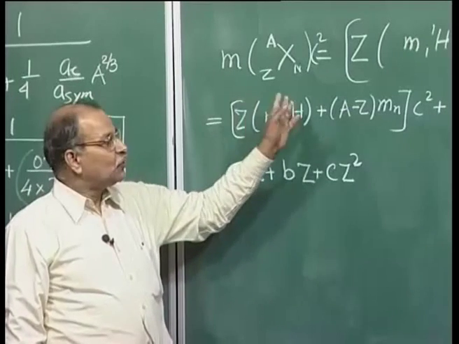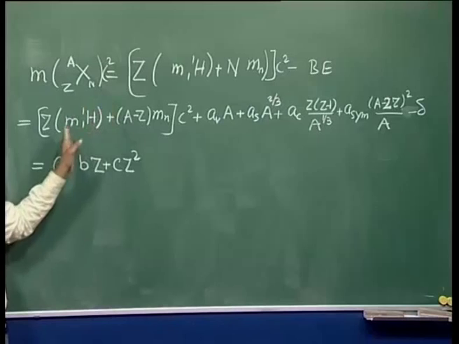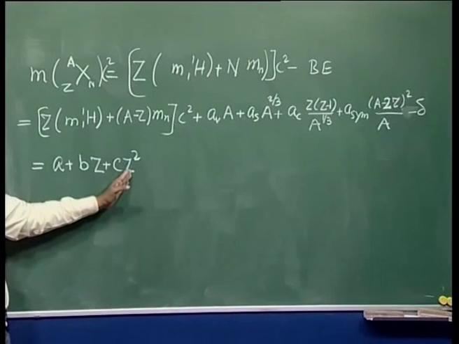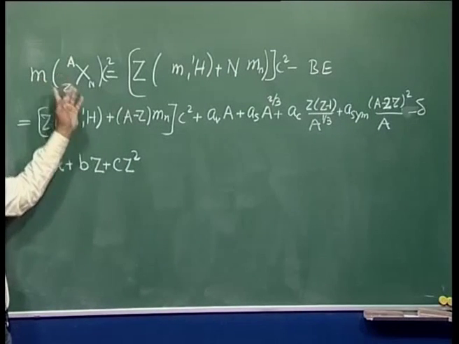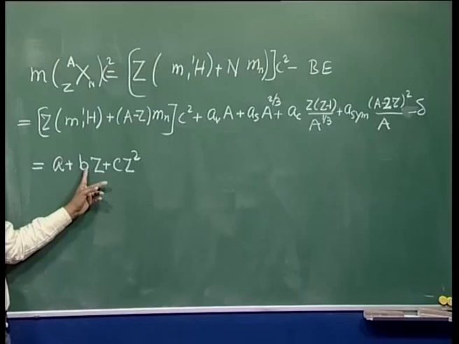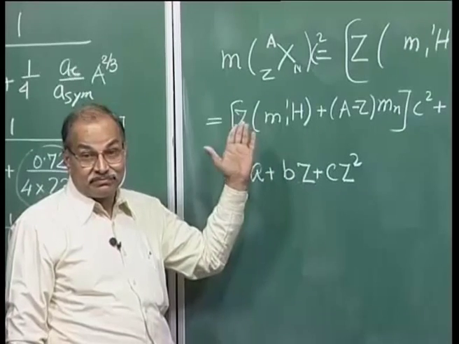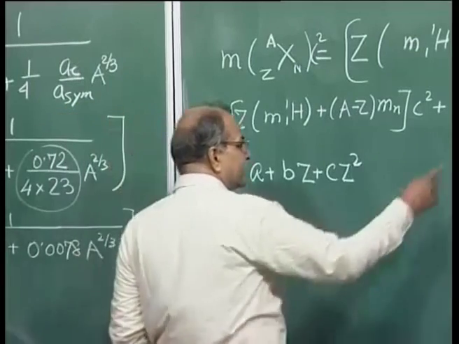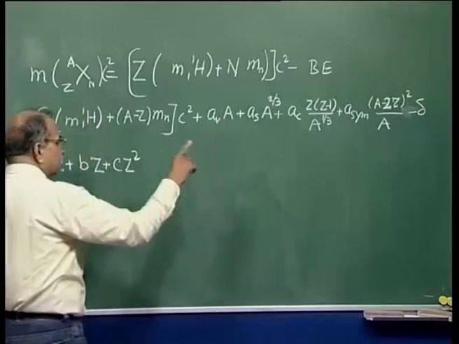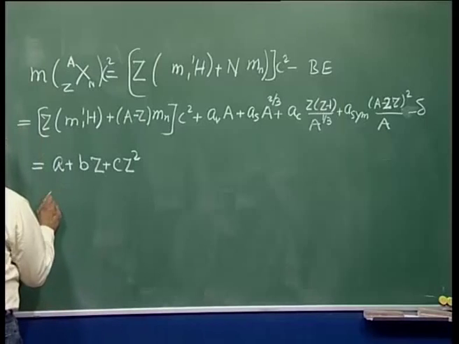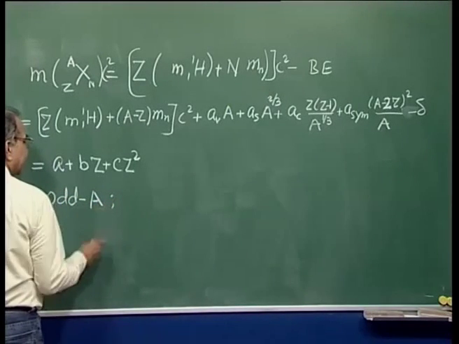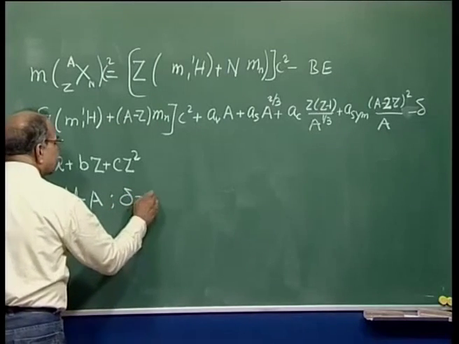So if you look at the signs of all those things and draw this parabola, draw this mass as a function of Z, it should be a parabolic shape. Okay, so let me take first that delta is 0, the odd A case. Although it does not matter, let us take odd A case first, so that I can put delta equal to 0.